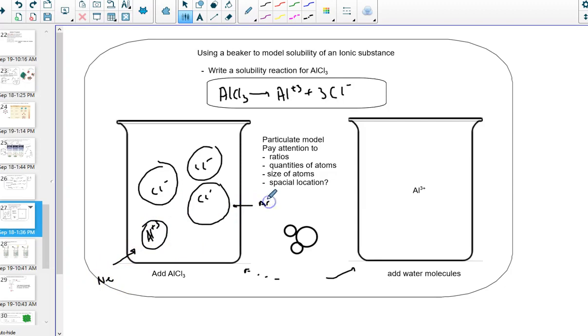So they would be a little bit bigger, having an extra energy level. So size of atoms is sometimes in question, and the quantity of atoms is always in question. Again, I should have probably separated these out a little more, but they're definitely separated and floating around. That's your spatial location, ratios, things of chlorides, aluminum, important.